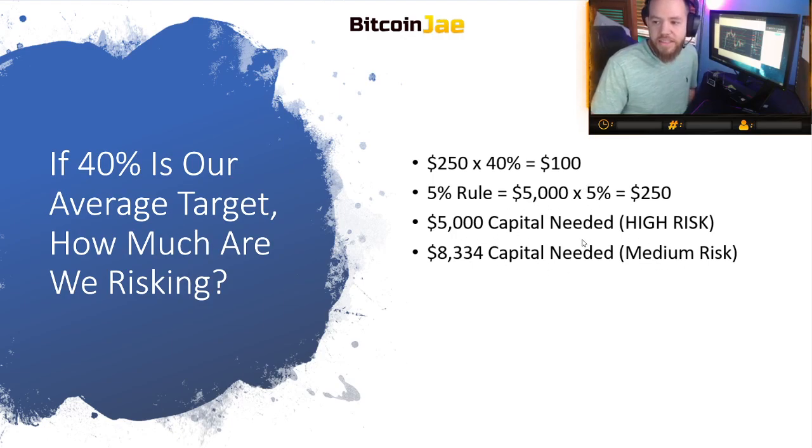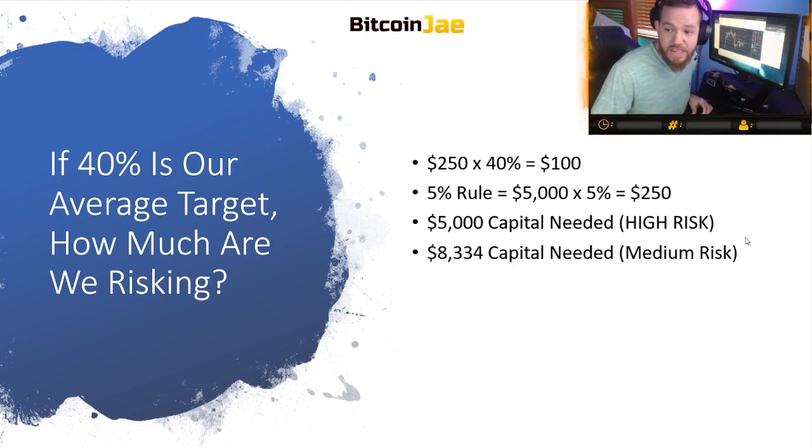So now this is a little bit of a safer option. $8,334 is $3,334 more than this one, but now we have a lot more room and we're playing it a lot safer. So now our risk of blowing our account drops immensely, right?